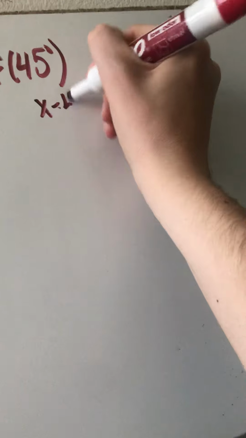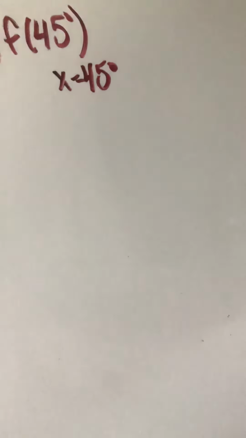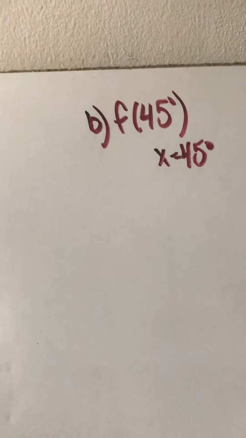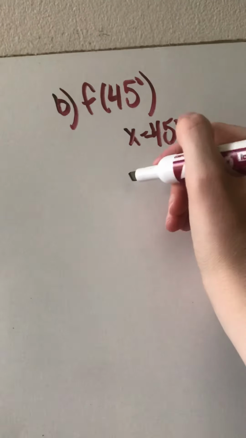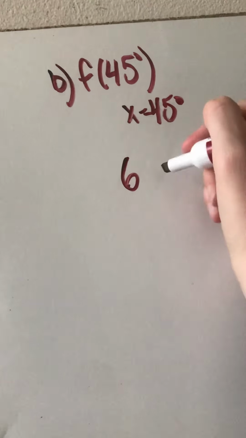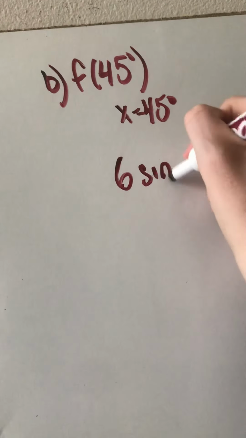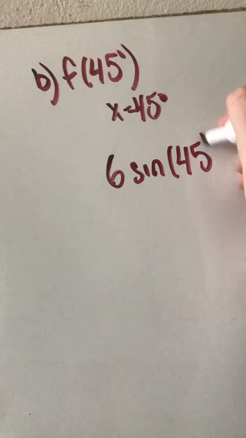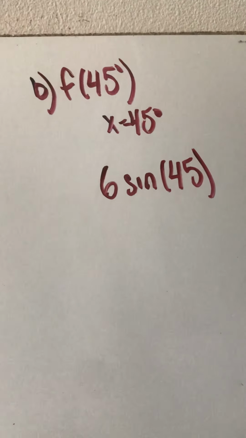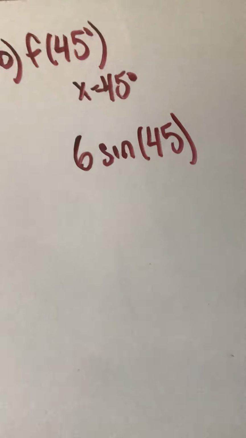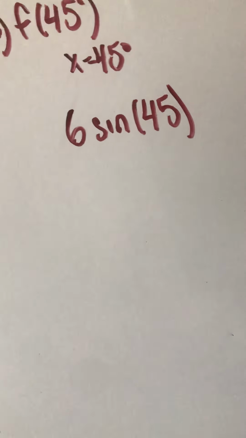That means that x is equal to 45 degrees. So I'm going to substitute that into my function, which you would write something like 6 times sine of 45 degrees. And this is not your final answer. You can absolutely simplify that further.